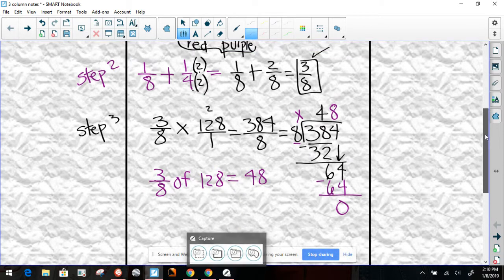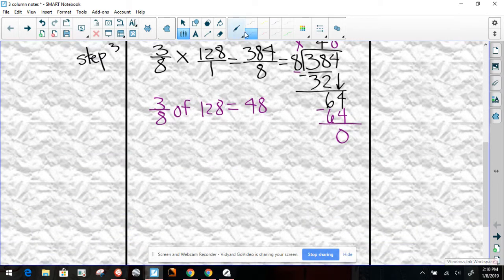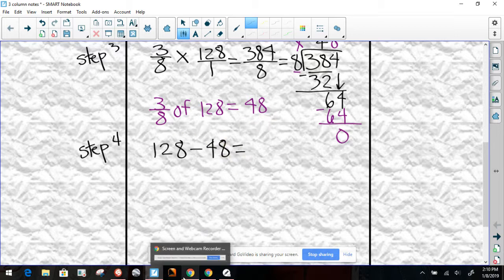So now we need to know how many remaining flowers we have. That will be step 4. What are the remaining flowers? Well, how do we get the remaining flowers? If we have a total of 128 flowers minus the red and purple flowers, the answer is 80 flowers.